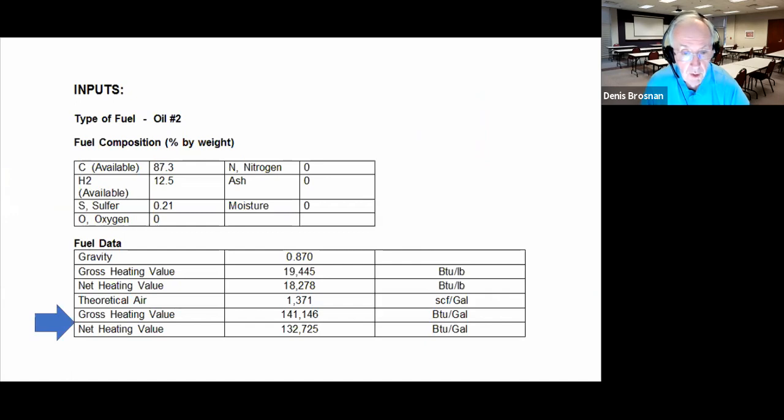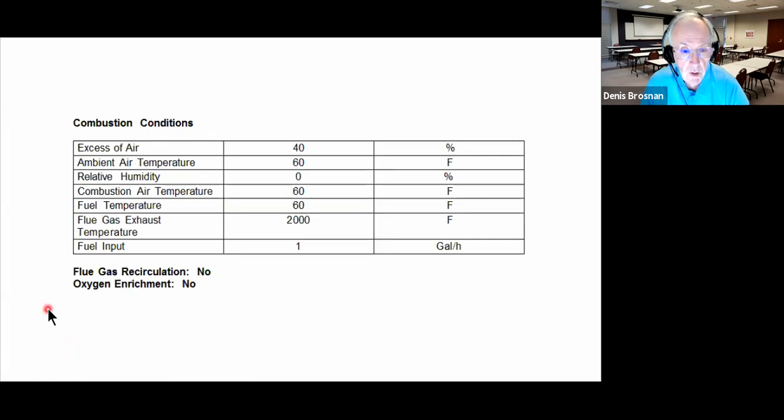So when I did that, the fuel data is that I have a gross heating value and a net heating value. We can see the fuel composition. Composition immediately tells us with sulfur components, we're going to have some sulfur emissions in our kiln. We could have soot emissions as well, since we're using a liquid fuel. And of course, our data here is reserved for us for our record purposes.